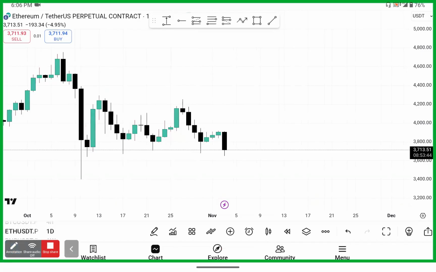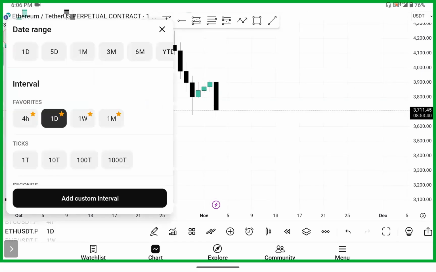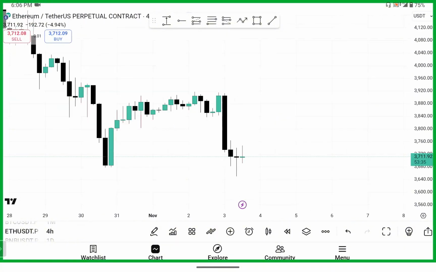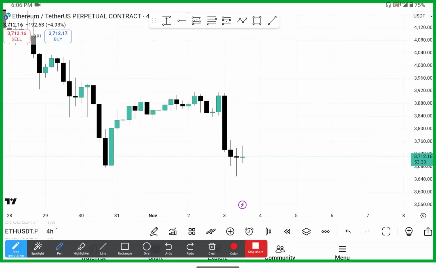So if I go down to the 4 hours, as you see, this is my 4 hours. It is indicating every candle that has already closed on this chart took 4 hours to form. This candle took 4 hours.